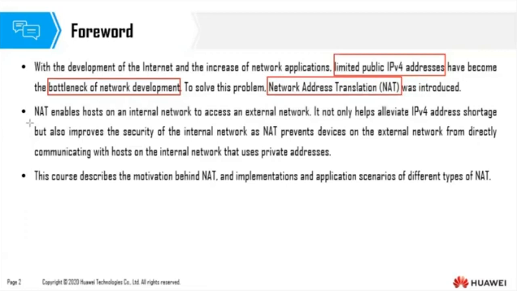NATing. NAT enables hosts on an internal network to access an external network. It not only helps alleviate IPv4 address shortage, but also improves the security. Look here.